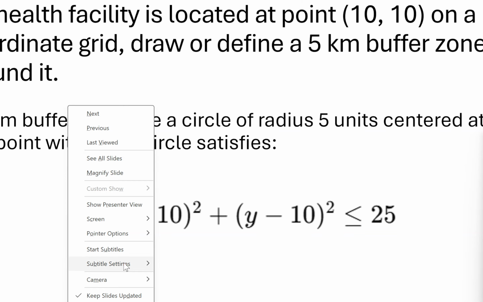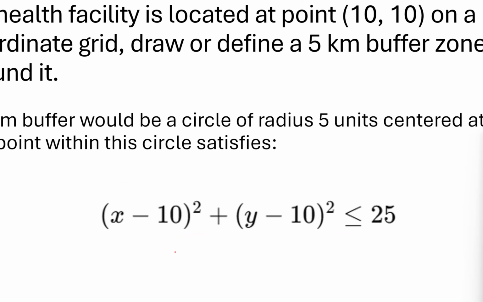So, basically, suppose this is the point, then your buffer zone is going to be like this. It will be circular, and the radius is going to be 5 units, and the center is going to be 10 comma 10.